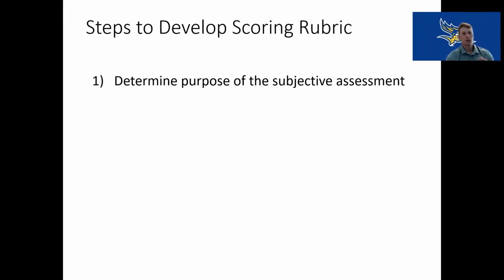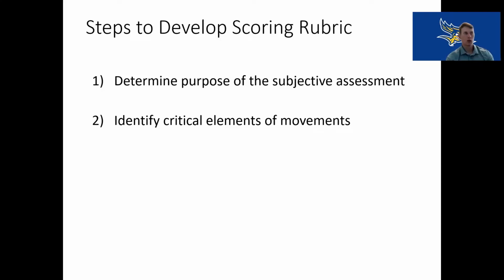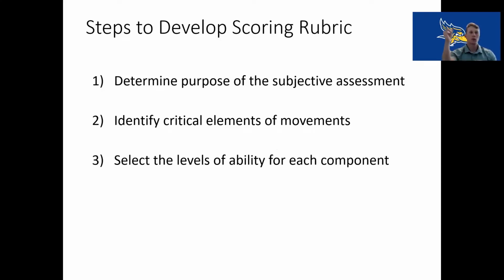When we're developing these rubrics, we have to look at the purpose, look at the critical elements, what is necessary for the movement: the safety components, effectiveness components, efficiency components. What pieces have to be done to achieve those three quality pieces?